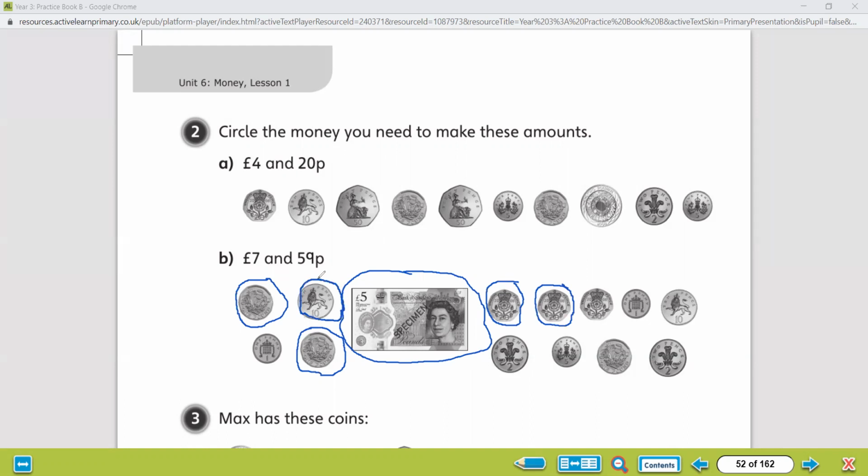So I've now got 50 pence, and now I've got to make 9 pence. So I'm going to use a 5, a 2, 6, 7, and a 9. Okay, can you have a go at 2A? Find £4 20 pence. Okay.